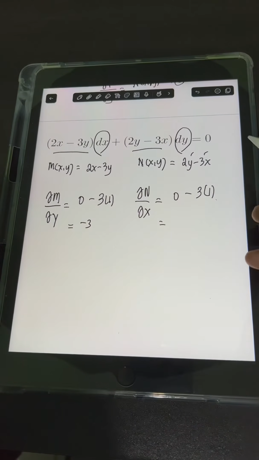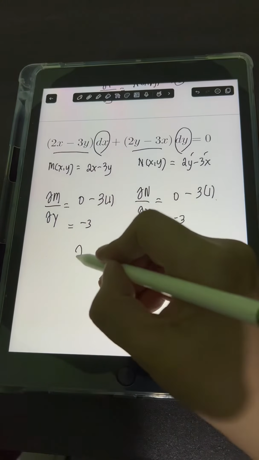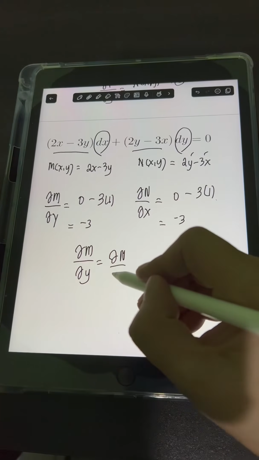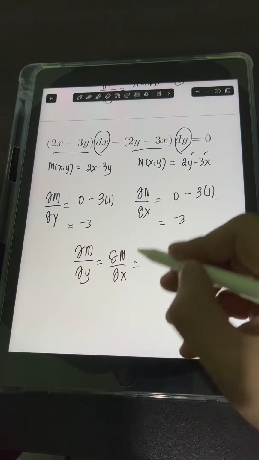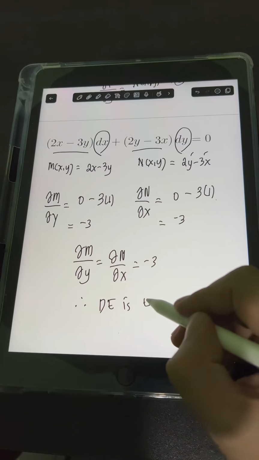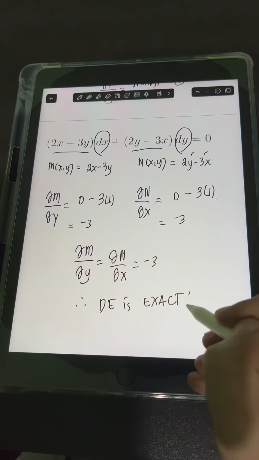So we'll have 0 minus 3 times 1, or simply negative 3. Since the partial derivative of M with respect to y is equal to the partial derivative of N with respect to x, which are both equal to negative 3, therefore the DE is really an exact DE.